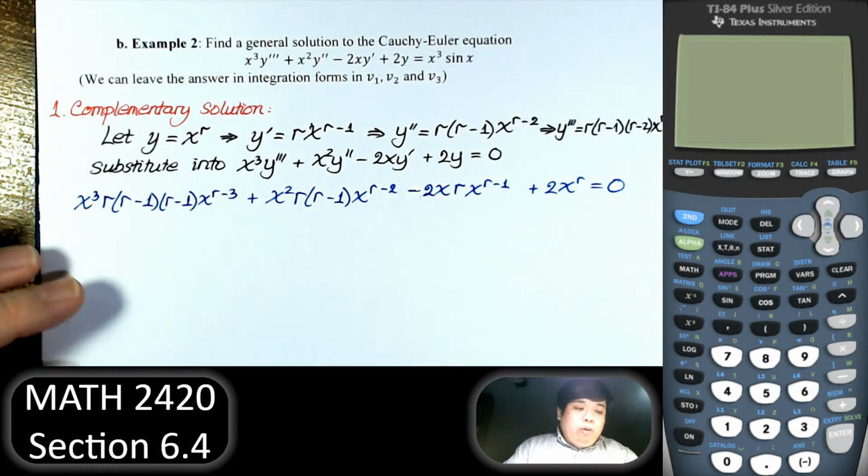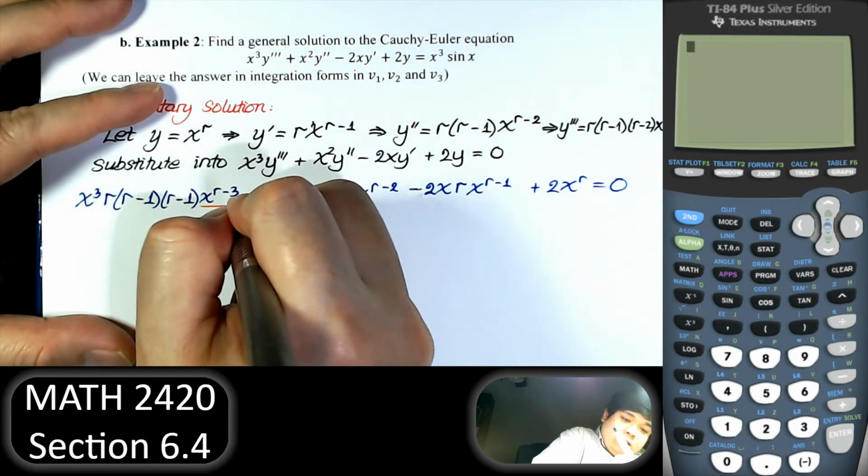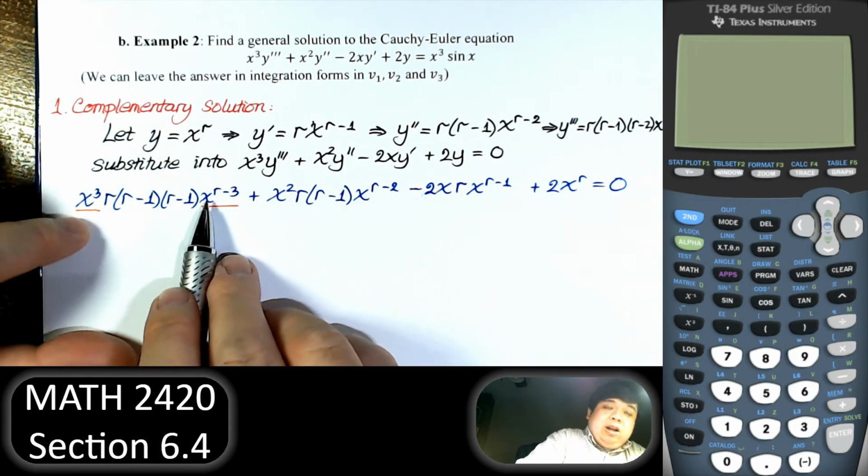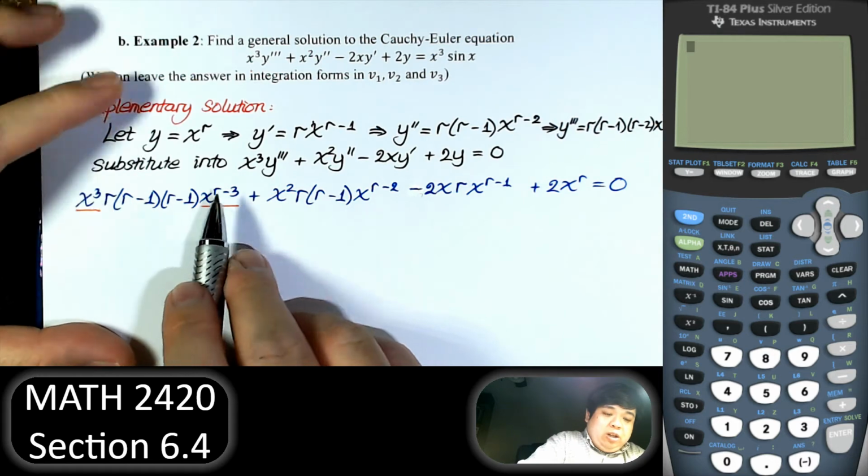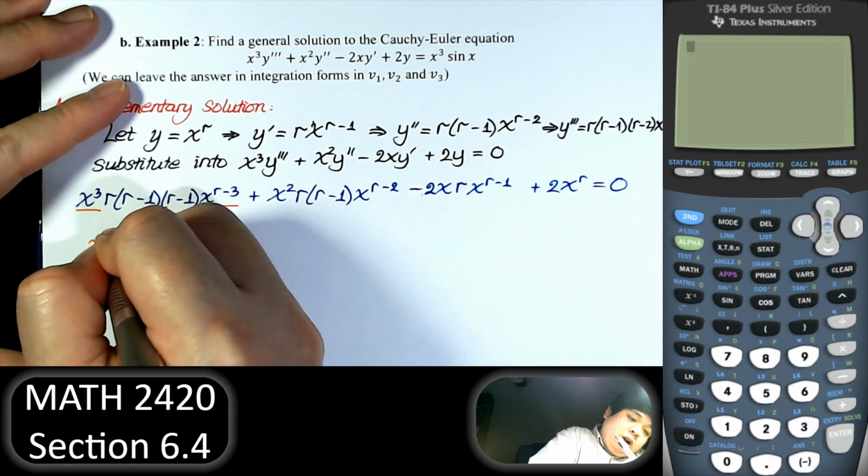Right. All of this we can factor out x to the r. x to the r minus 3 times x cubed, the 3 and 3 cancel out. We have x to the r is the common factor.